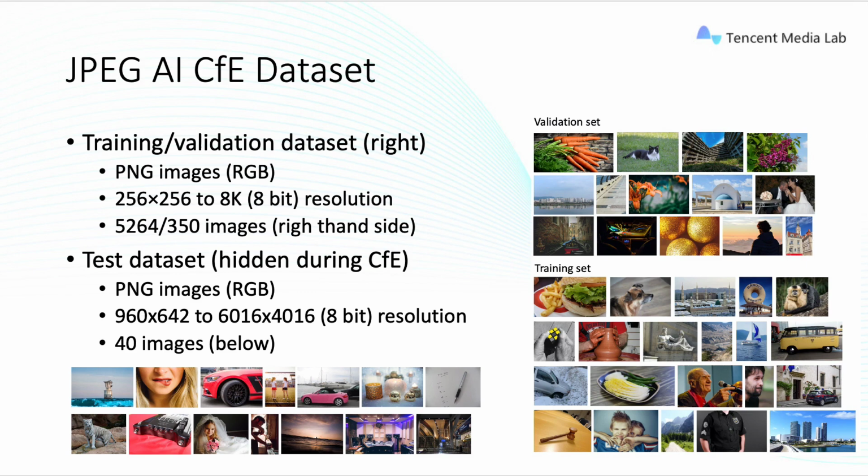And the test data set was only for evaluation of the final performance of the learning-based image coding solutions, and was not allowed to be used for either training or validation. In fact, the test images were kept hidden during the CFE preparation to avoid being used for training.